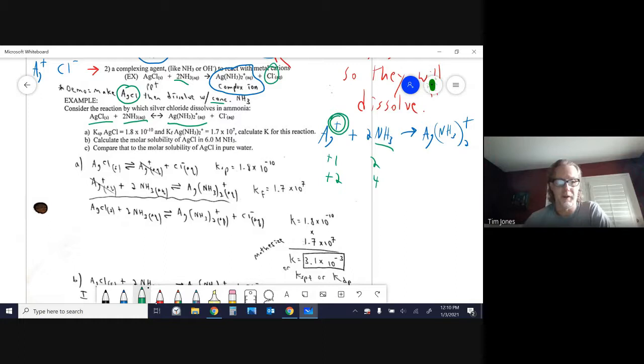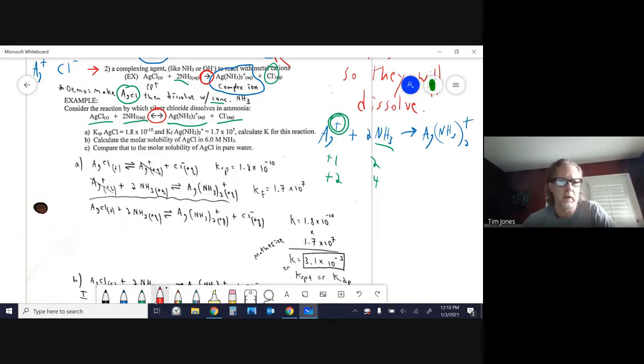Just think of it this way, it's an ion and it's complex. And Cl-, which is the typical ion that would come from silver chloride. You might notice when I introduced this concept above, in number 2, I did a single arrow. That was just because I was showing what was happening, but eventually it will reach equilibrium, and so that's what we're looking at now. So that's why those arrows are different.